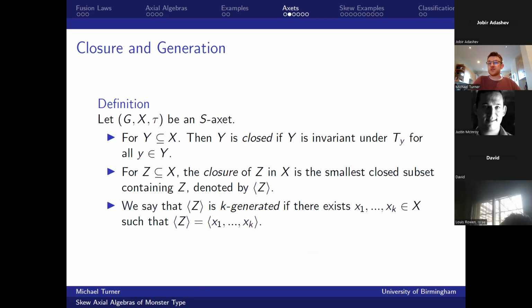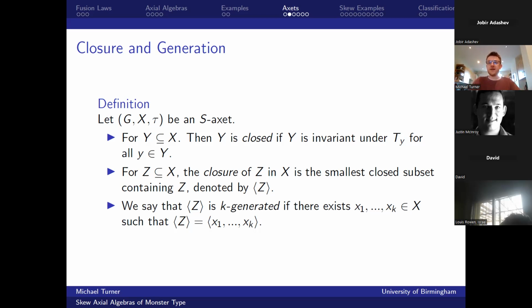Another thing that we want to look at is, it'd be nice to have a sense of closure and also generation of these axets. So we have this triple G, X, and tau be an S-axet. And we say a subset Y of X is closed if Y is invariant under all its tau_y maps. So what I do is I've got this set, and if I keep applying my tau maps, no new elements pop up.